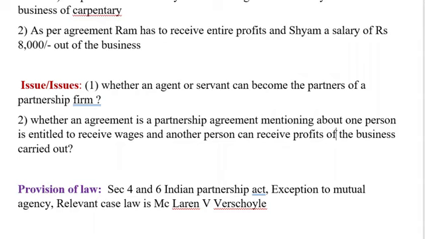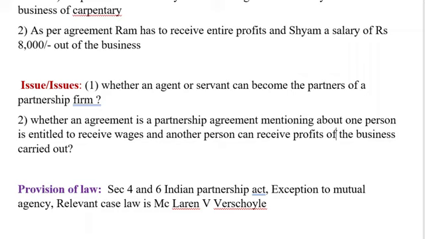One is there should be an agreement. Second, the partners have assembled to carry out the business. Third, their motive is sharing of the profits. And last one is mutual agency. Here we don't find the sharing of the profits.